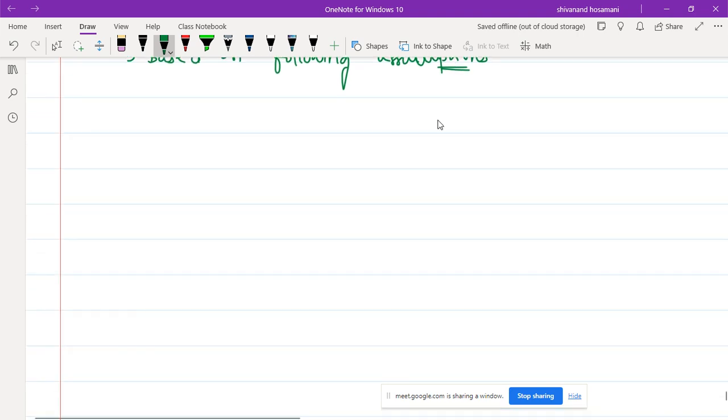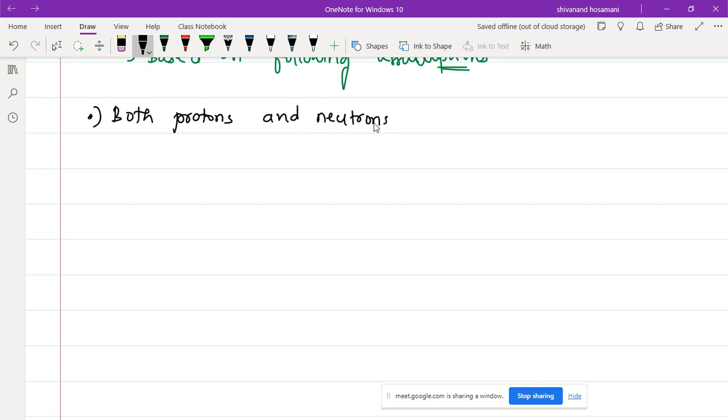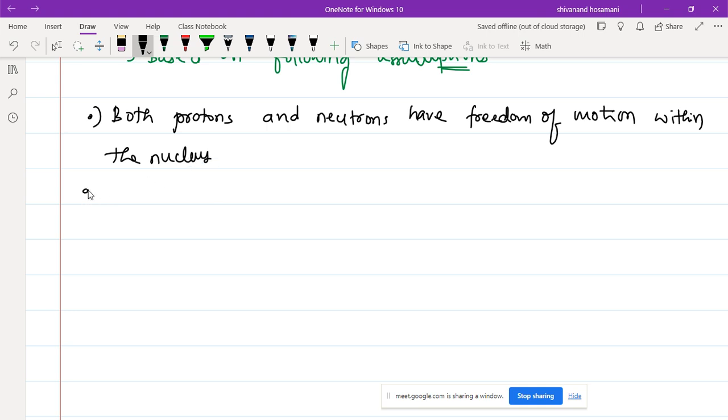First thing is that both protons and neutrons have freedom of motion within the nucleus. That is the first assumption.